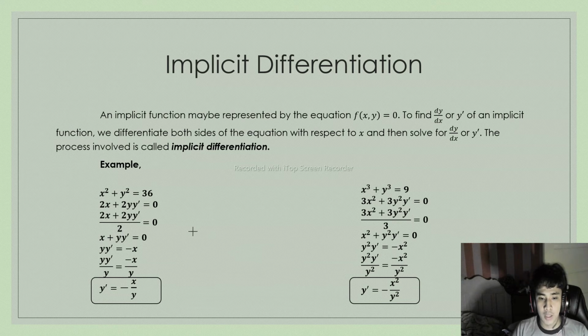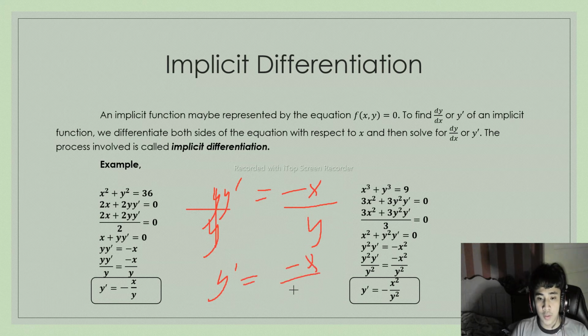Then para mahanap natin yung y prime, i-transpose yung x, and that will be y y prime is equal to negative x. Tapos pag nagawa na natin yon, pwede na nating i-cancel. Cancel natin yung y para maiwan yung y prime, and y prime is equal to negative x over y. Ayan na yung answer natin.